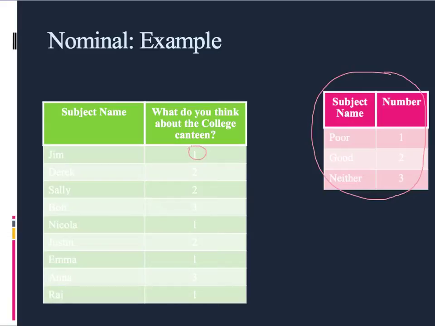You can see here, Jim gave a number 1, Nicola gave a number 1, Emma and Raj all gave a number 1. Again, those numbers don't mean anything other than the fact that we've just coded them to numbers. So it does not mean that, for example, the neither category at 3 is 3 times better or bigger. It's just purely that we decided that way around. So these numbers are just categories.